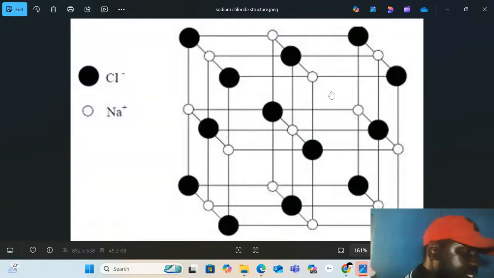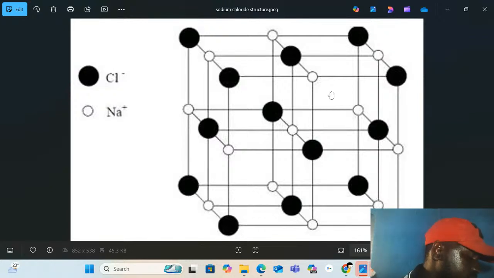So this contains many sodium ions and chloride ions, but they are arranged in a regular manner. Each sodium ion is surrounded by 6 chloride ions, and because it is regular, they are equidistant from it.